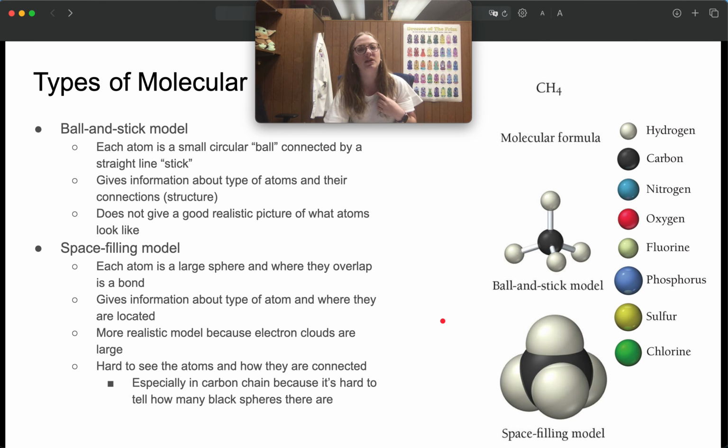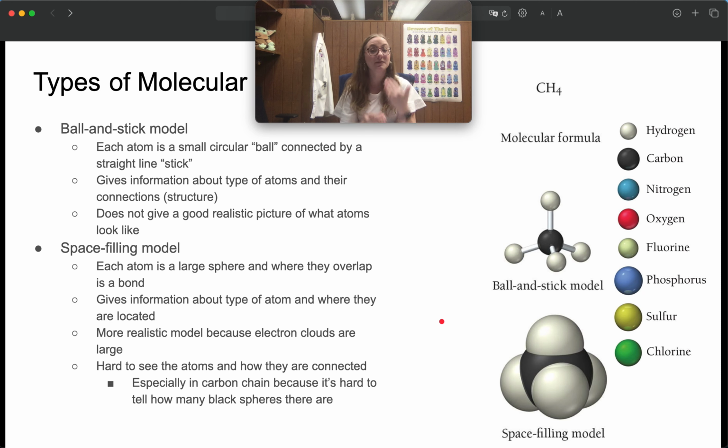CH4 is relatively easy, but if we had C2H6 or C4H10, that butane we were talking about before, it's so much harder to see that there are 4 carbon atoms in the center building the chain of that molecule, because the black spheres overlap. It is what it is. It's really good because it's the most accurate model we can picture in our head, but it fails at telling us all the time the number and type of each atom.